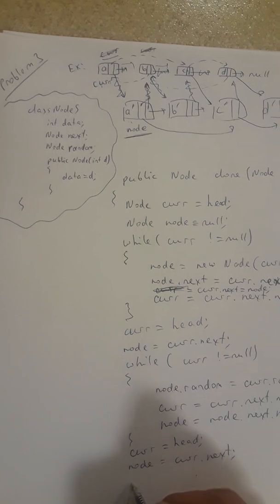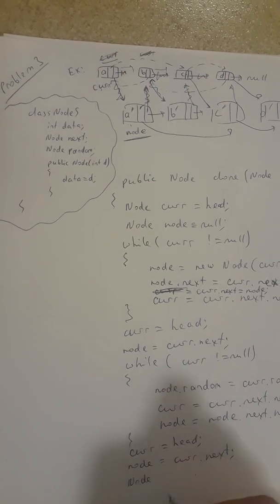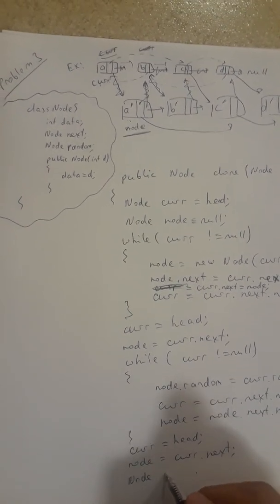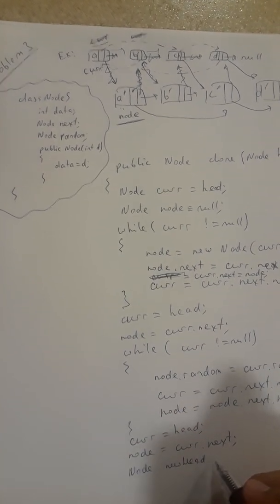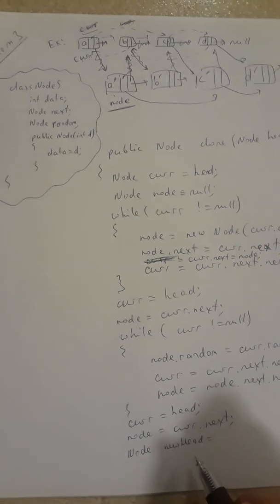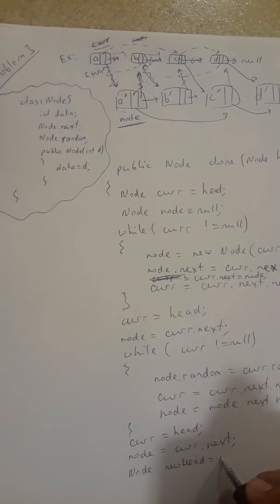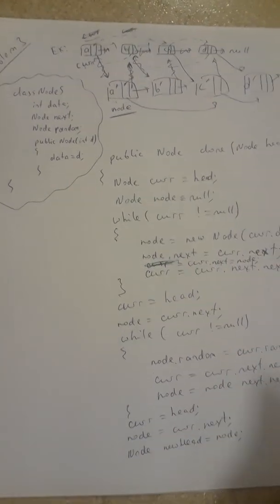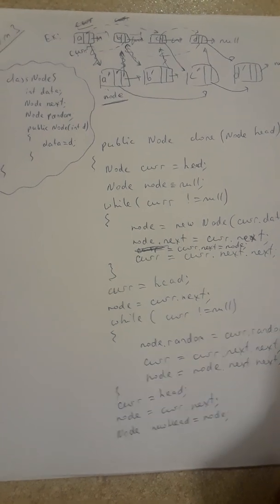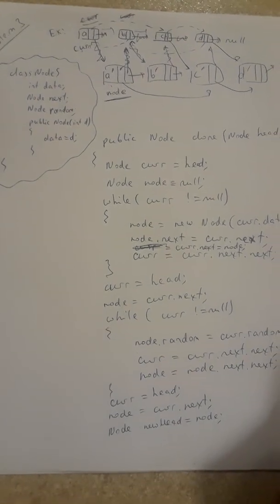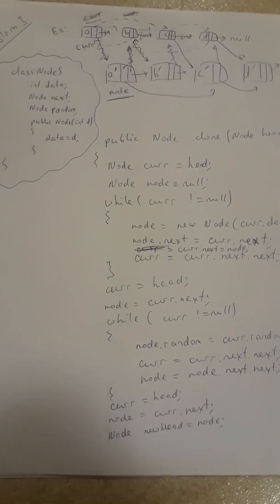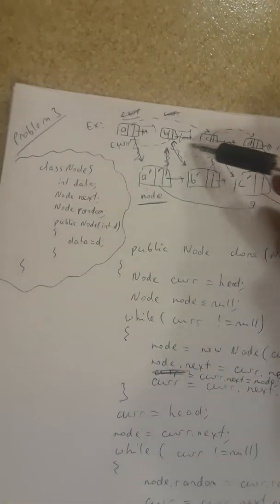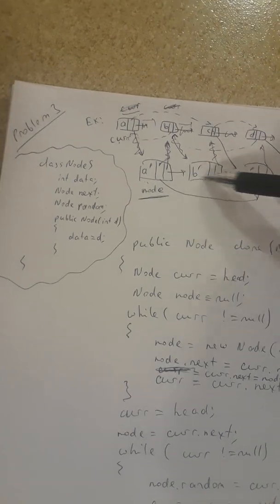Also, I will initialize a new node which will be my header, and it will be equal to the node itself, because in the next while loop I will be just removing the pointers between the original linked list and the cloned linked list.